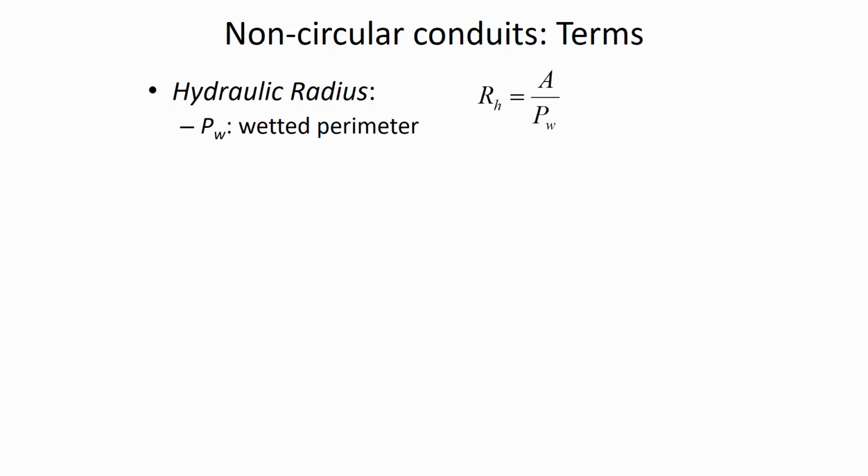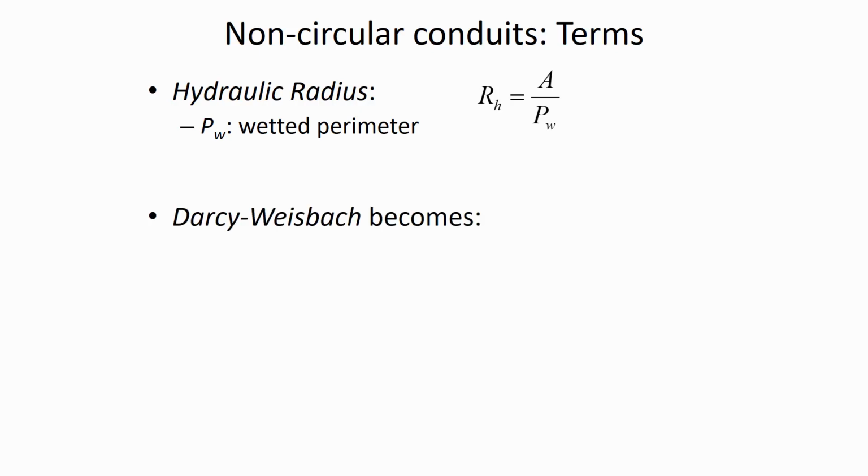If it's open channel flow, though, remember we considered the case of trapezoidal geometry. Wetted perimeter for open channel flow does not include that top surface because the water isn't touching any sort of a friction surface. The wetted perimeter for open channel flow only includes where it's touching a solid.